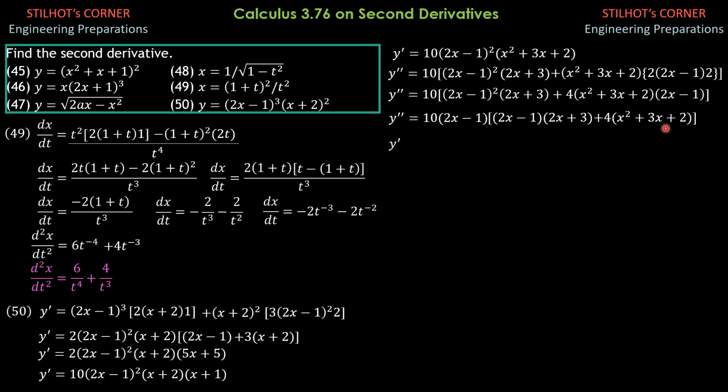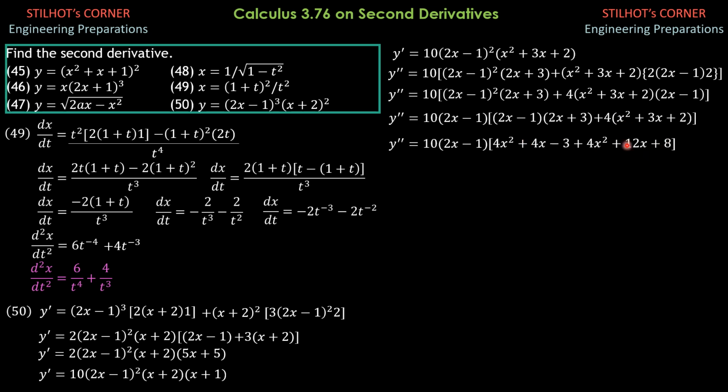Let's simplify inside. So y double prime is 10 quantity 2x minus 1, then 4x squared, 6x minus 2x is 4x, then minus 3. 4x squared plus 4x minus 3, then plus 4x squared plus 12x plus 8.